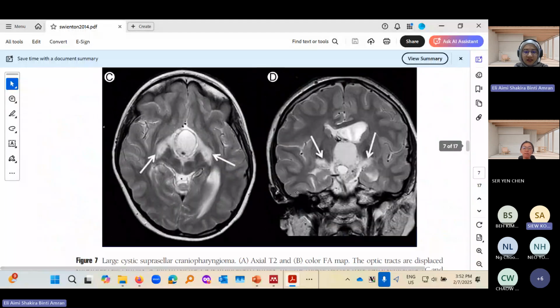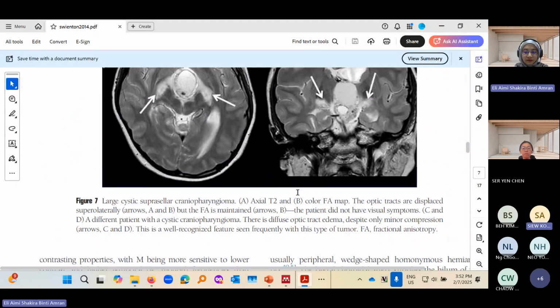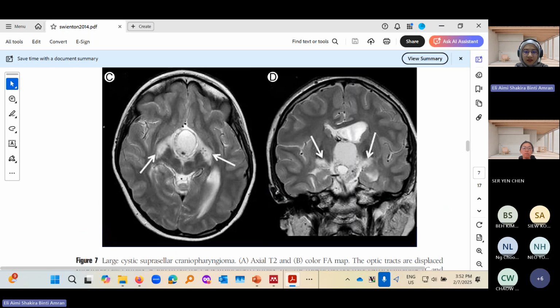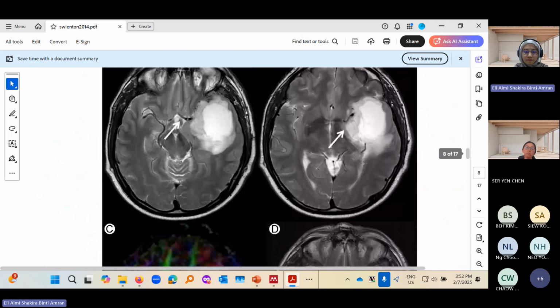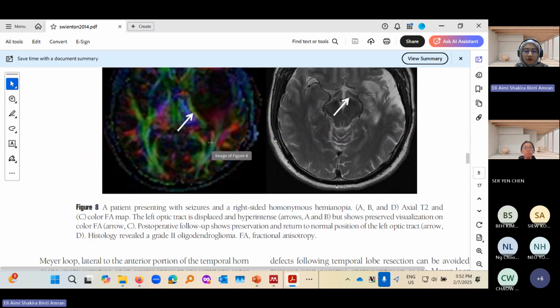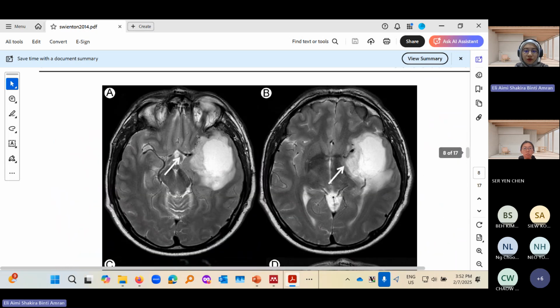All right, this is the optic tracts. This is how enlargement of the optic tracts looks like. It's like a shadowy look. And this is the optic radiations. Sorry, no, this is optic tract also.